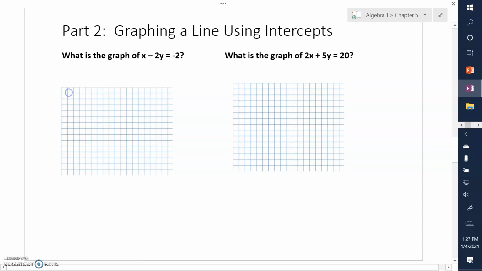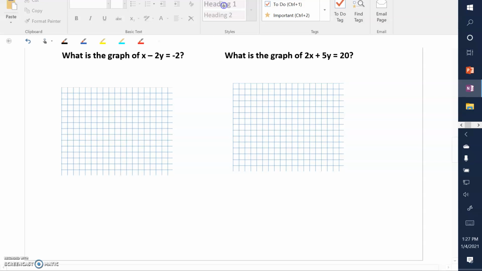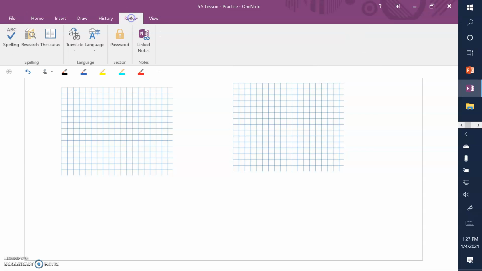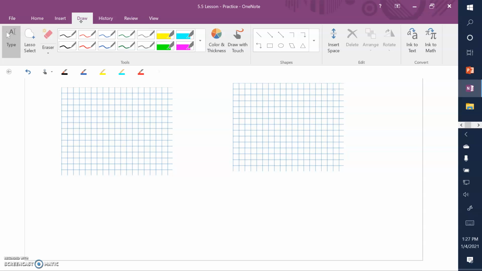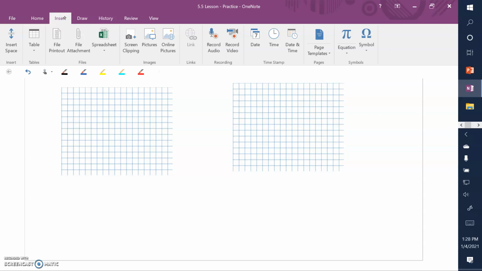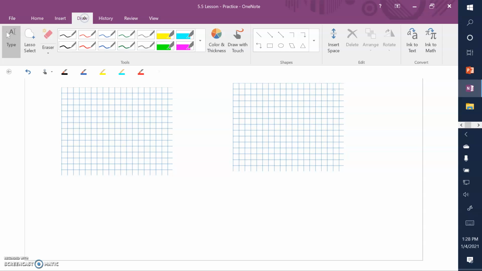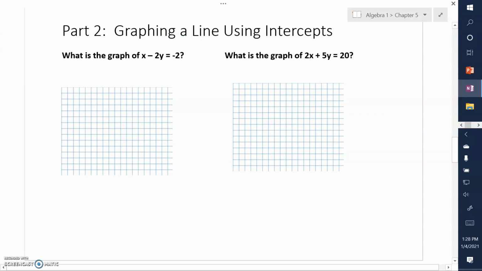Now we're going to graph our lines using the x and y intercepts. And I don't seem to have a ruler function here. All right. So what I'm going to do is I'm going to put in an x and y axis. I'm going to try to be as neat as I can.